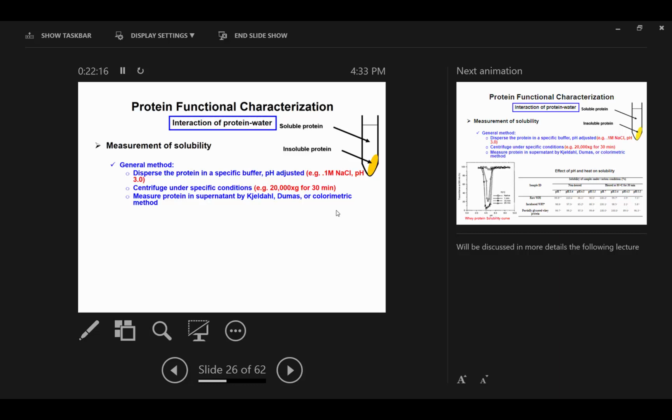You would take the supernatant and measure the amount of protein you have in the supernatant and relate it to the original amount of protein that you had in your sample. How much of that original protein was soluble? You can use methods like Kjeldahl or Dumas or any colorimetric method if you don't have interfering substances to determine the amount of protein in your sample. What are they going to do in the lab? They're going to do Dumas. That's my favorite choice.